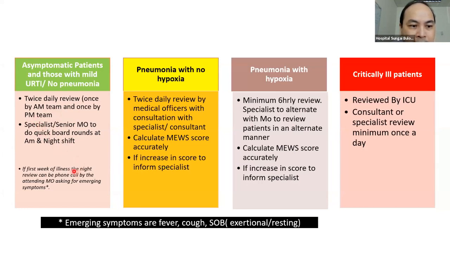Most patients in the first 5 days of their symptoms are mild. They have not deteriorated yet. Most times patients start deteriorating after day 5, between day 5 and day 10 of their symptoms. So I repeat again: if today Monday I'm exposed to COVID, most times by Friday I will start getting my symptoms.